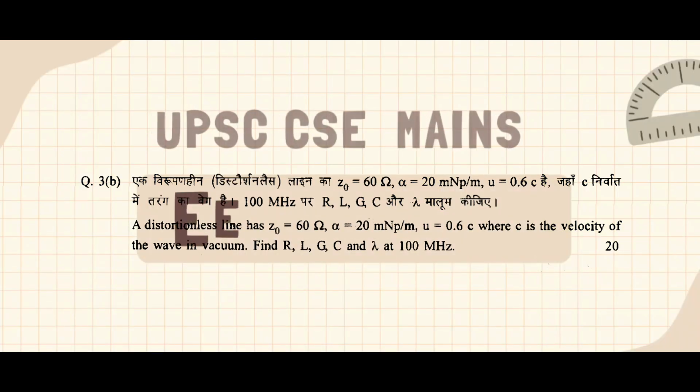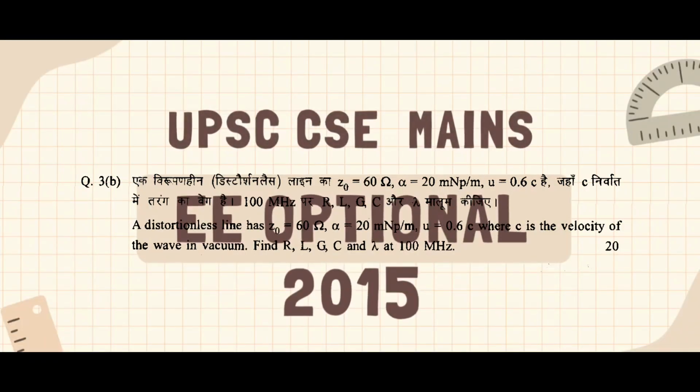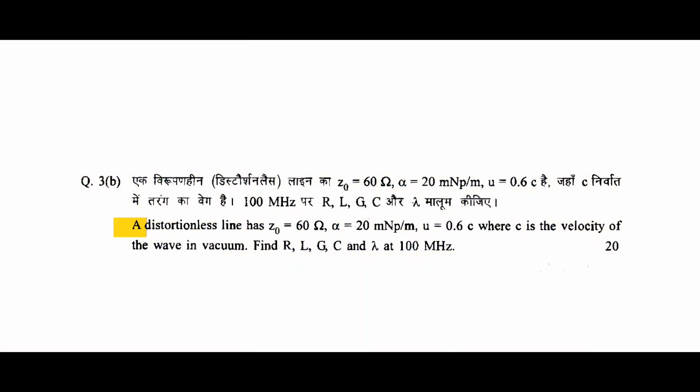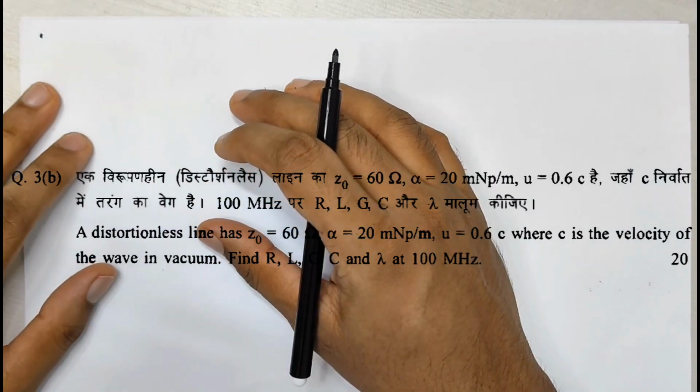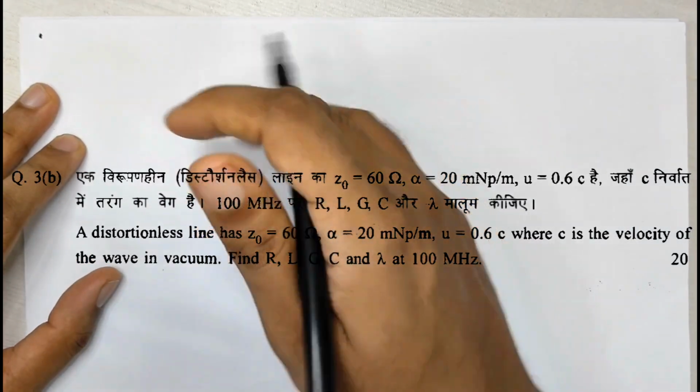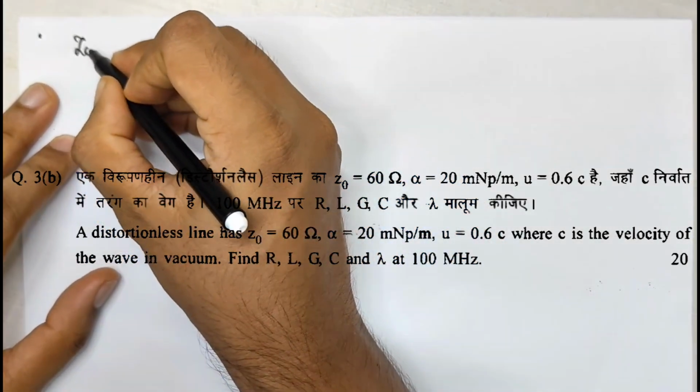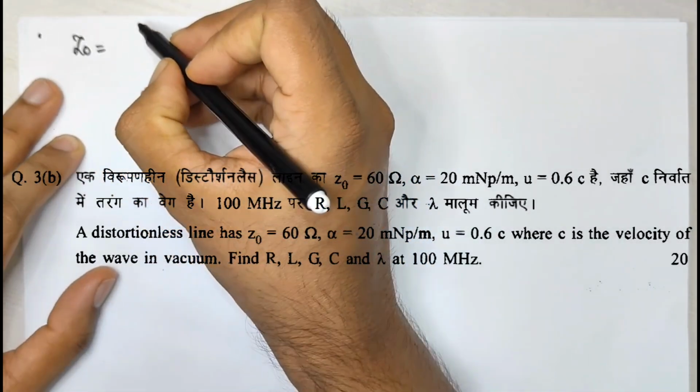Let's see another 20 marker question. This was asked in 2015. A distortionless transmission line has Z0 60, attenuation 20, phase velocity 0.6 c, where c is the velocity of the wave in vacuum. Find R, L, G, C and lambda at 100 megahertz. What are the things given in the question? We have the value of Z0, that is characteristic impedance, 60 ohms.